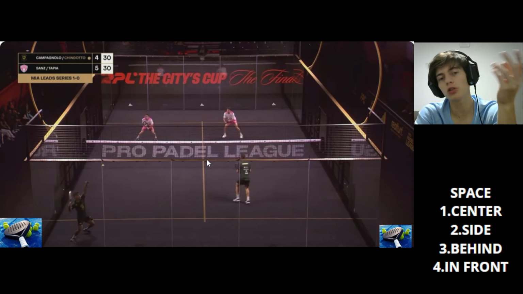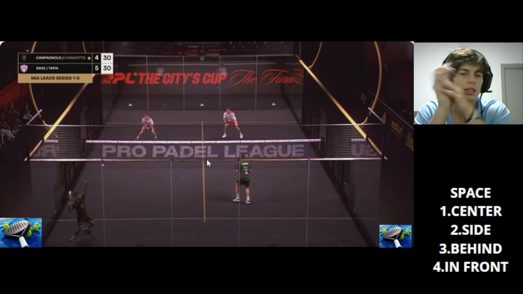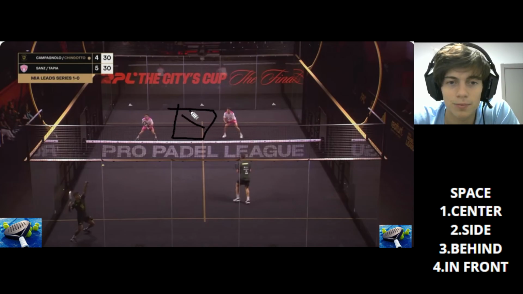Why? Because usually there is a little bit of space, also a little bit of doubt who takes the ball. So in general, there is the possibility, of course, of having space in the center, and that can be a target for you. So a tactical target.